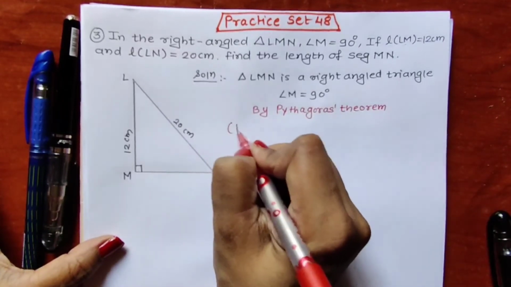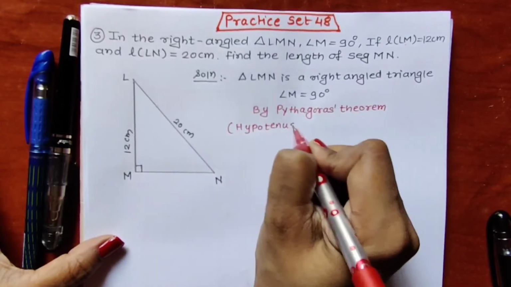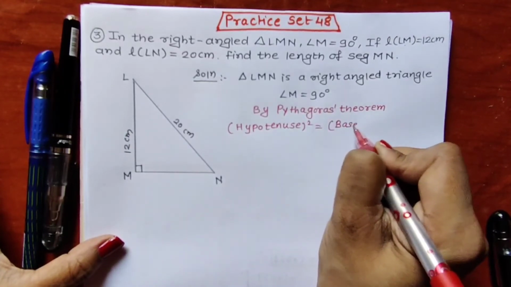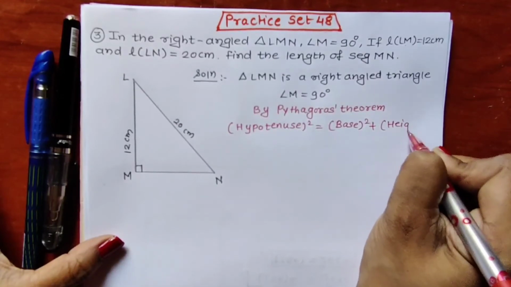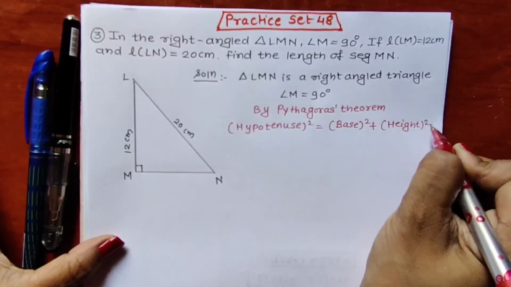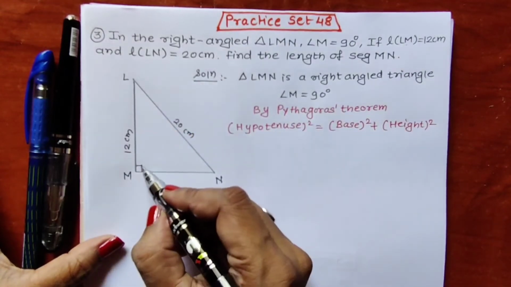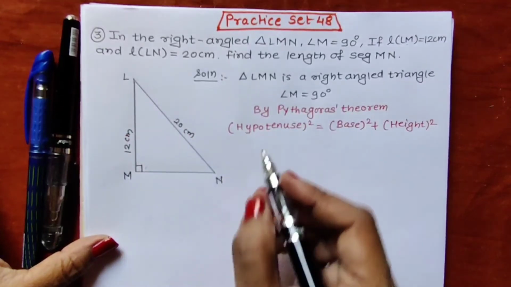We write the formula. Hypotenuse square is equal to base square plus height square. Now hypotenuse, as we all can see, it is the side opposite to 90 degrees. So LN will be the hypotenuse.